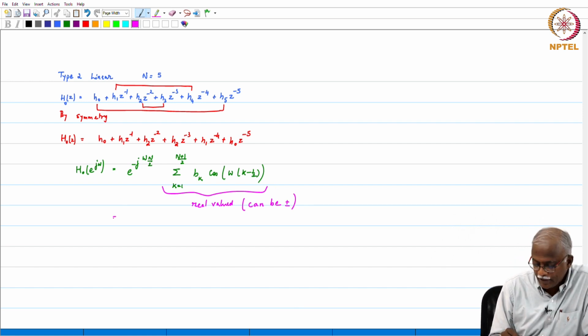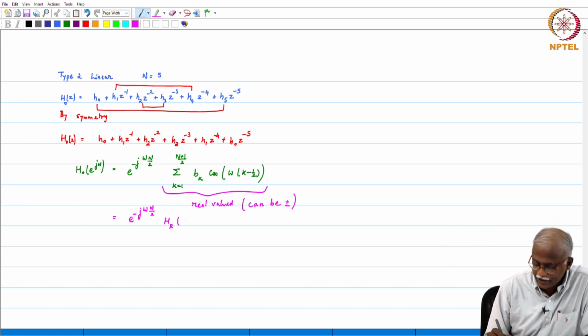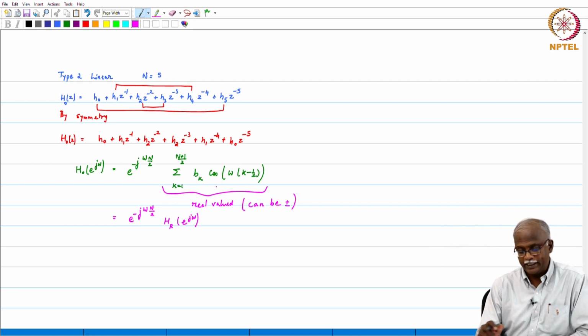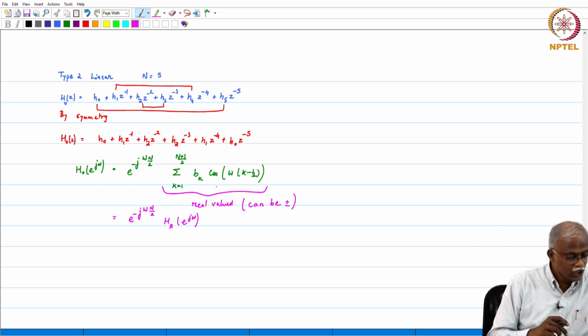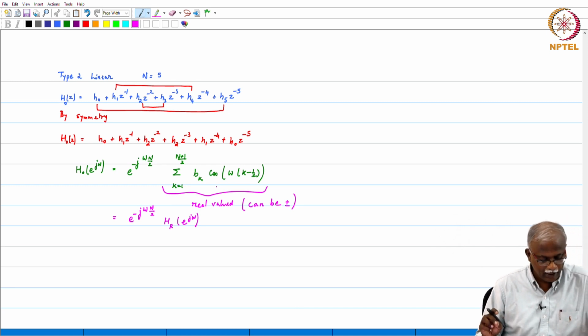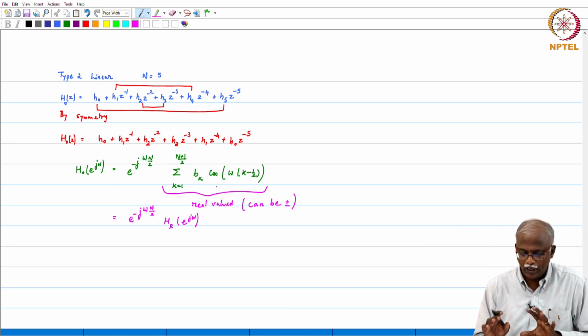So basically we can write this as e power minus j omega n by 2 h subscript r, which indicates that it is a real valued function of e of j omega, which is representing the sum of cosine terms. So this is the part that I just wanted to highlight.